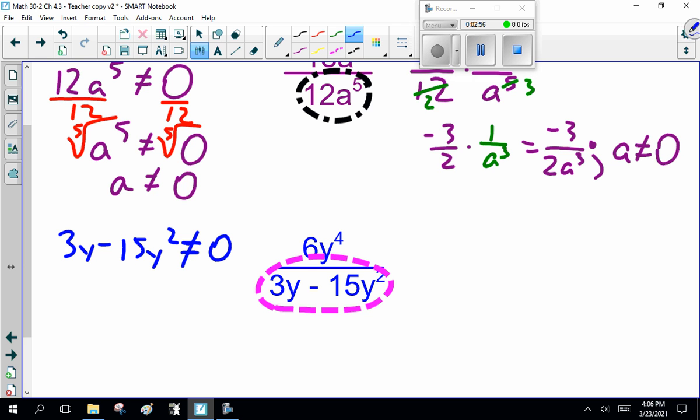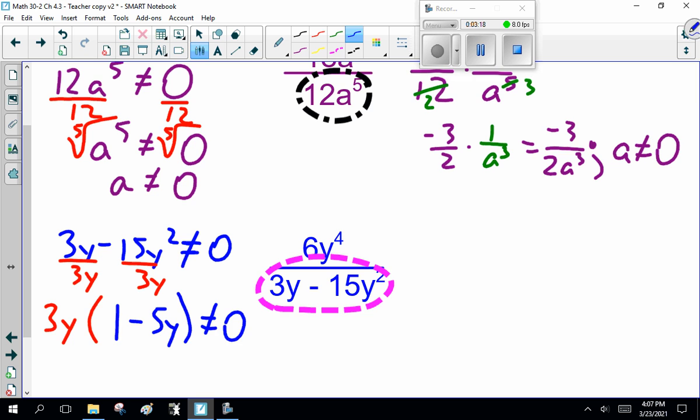Okay? So 3 and 15, you have to be thinking this early, both divisible by 3. And note, I have a y and a y squared, so I can factor the 3y from both of them. So that's a 3y. And what's left? 3y divided by 3y is 1, minus 5y cannot equal 0.